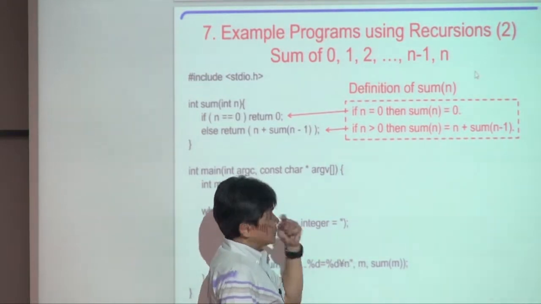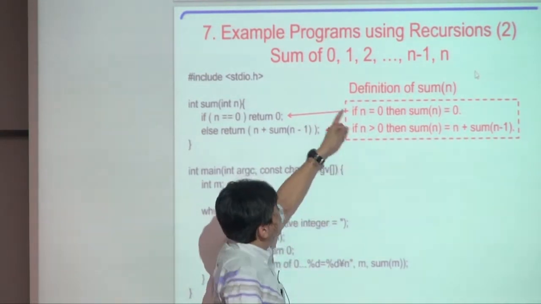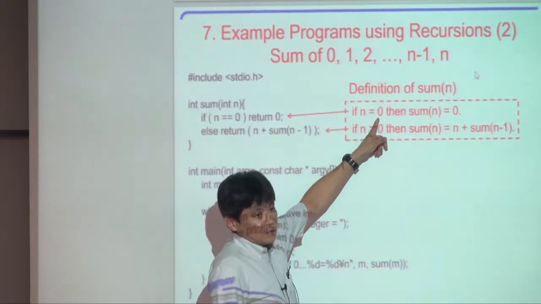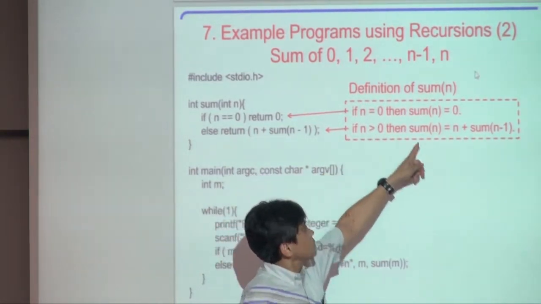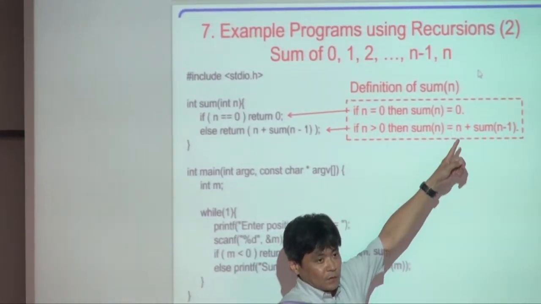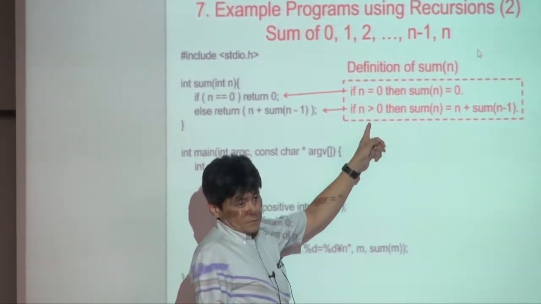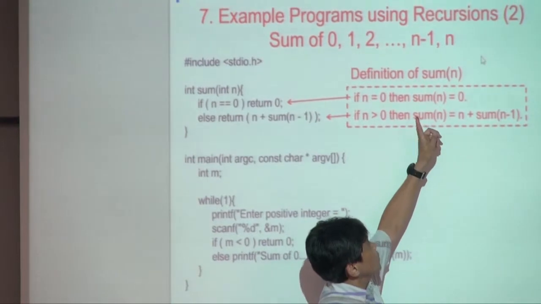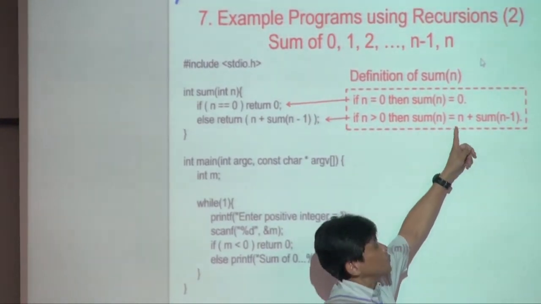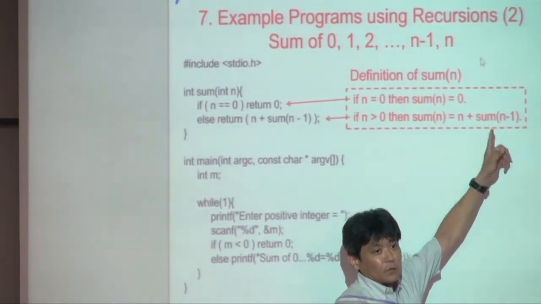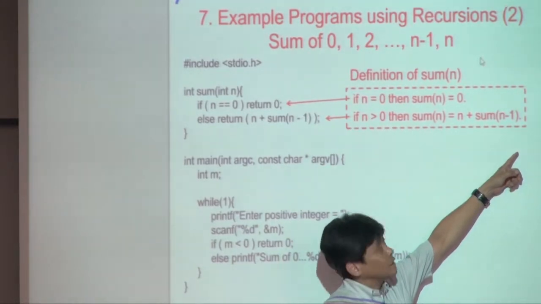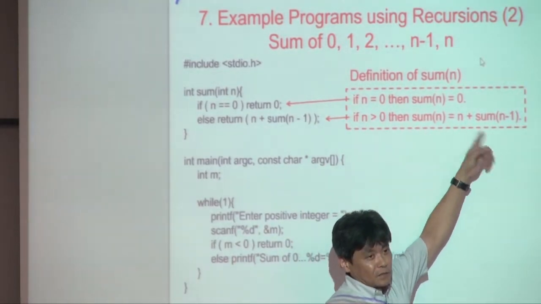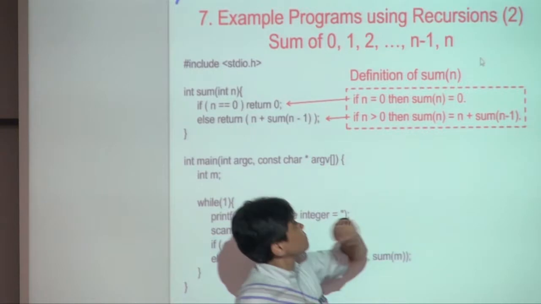It's a summation function. If n equals 0, then of course the return value is 0. Otherwise, n is larger than 0. In such cases, summation n equals n plus summation n minus 1. So it is mathematically correct.